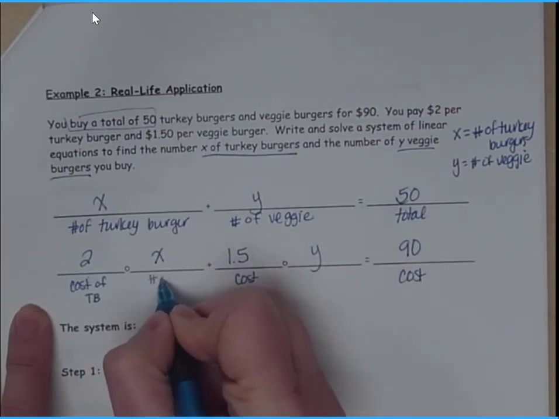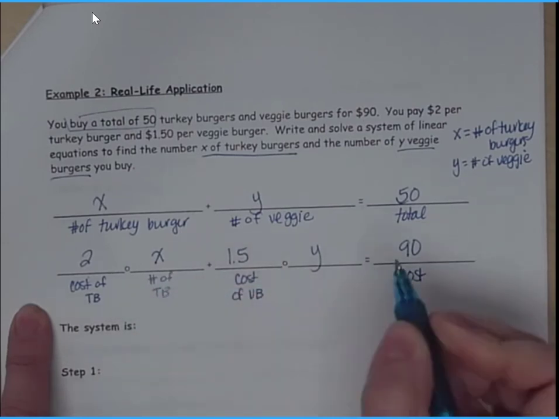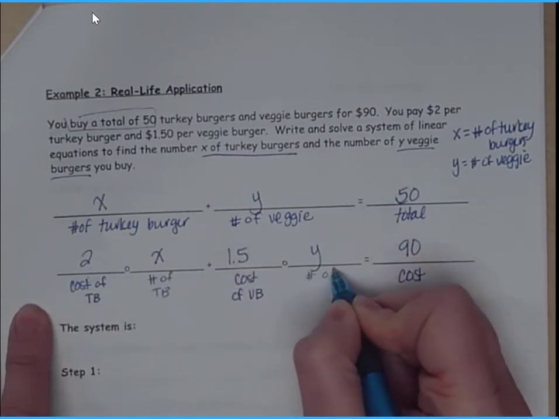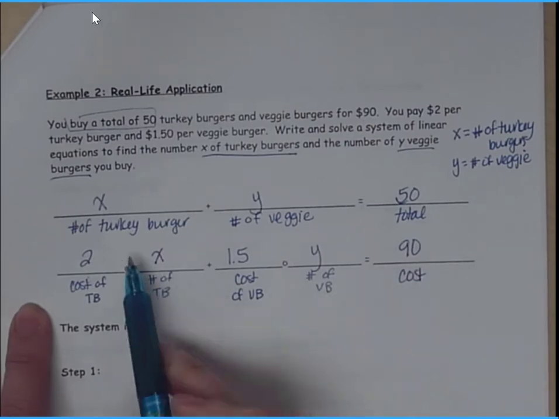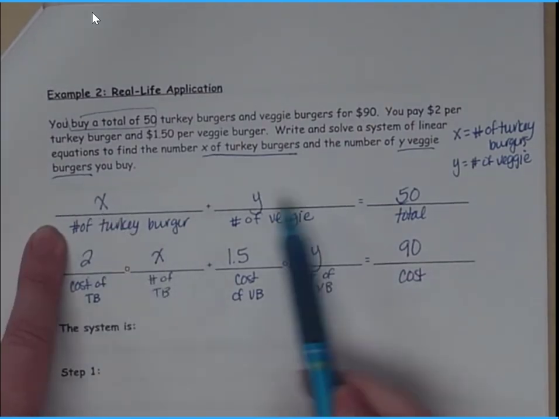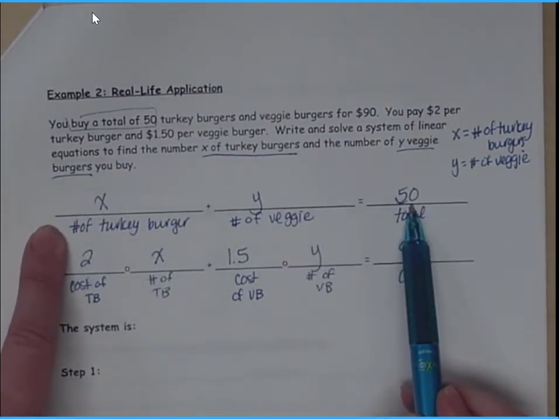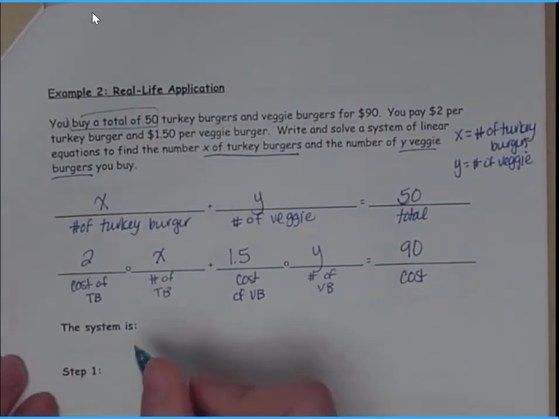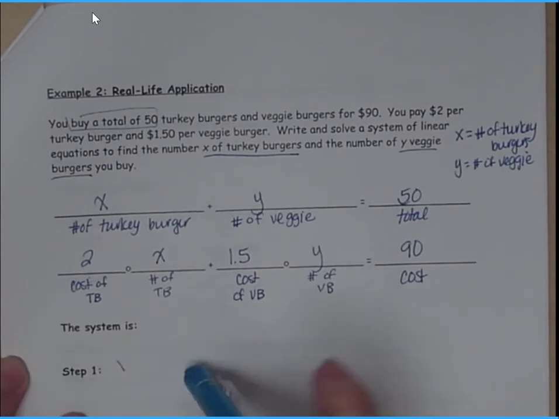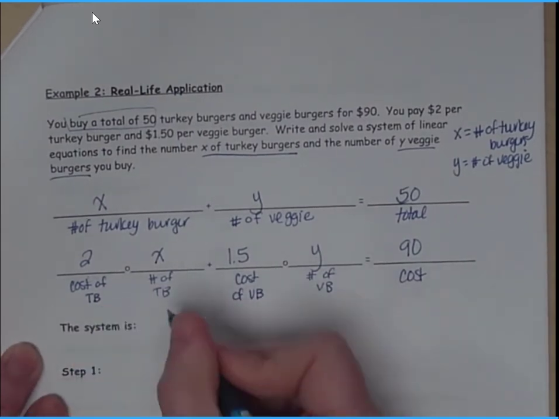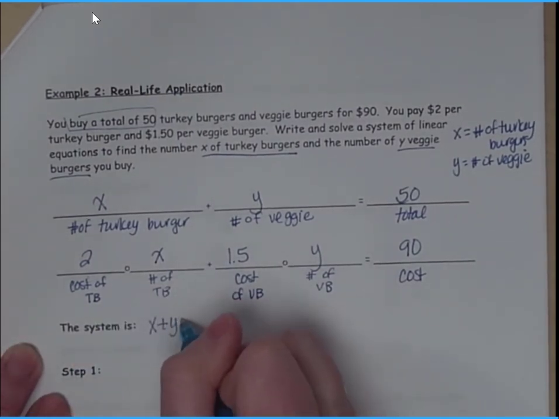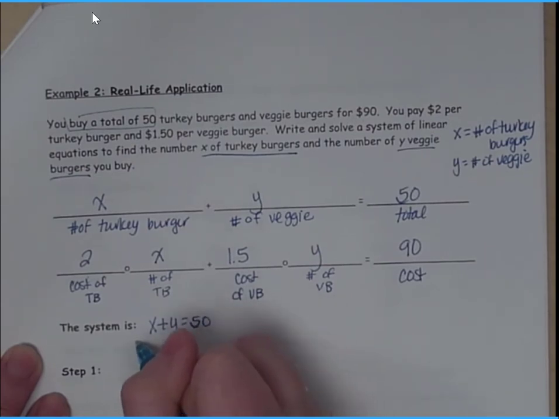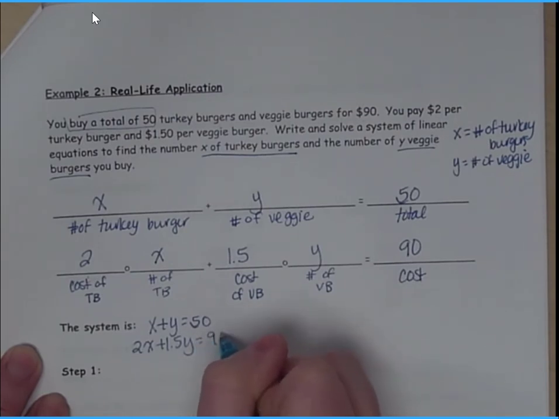And then number of turkey burgers, which I have no idea, and number of veggie burgers. So I know I bought 50 total, and I know I spent 90 total. So what are my equations? So I've got my system here, x plus y equals 50, and then 2x plus 1 and 5/10 y equals 90.